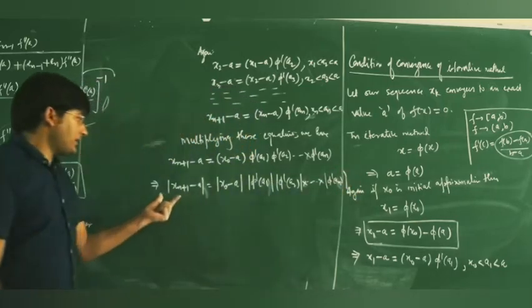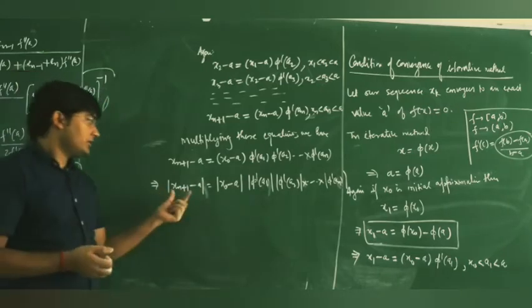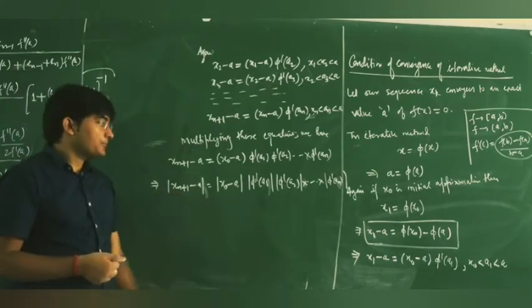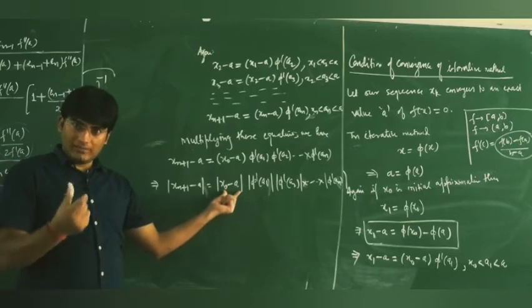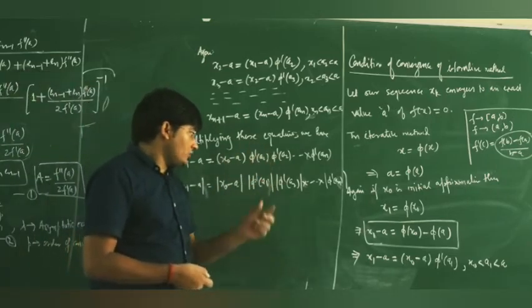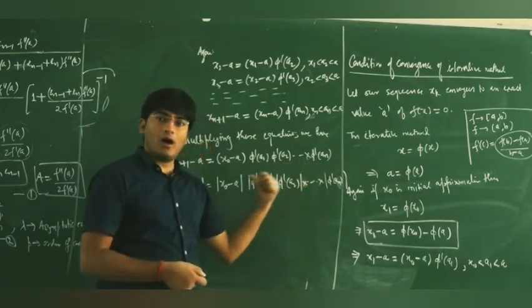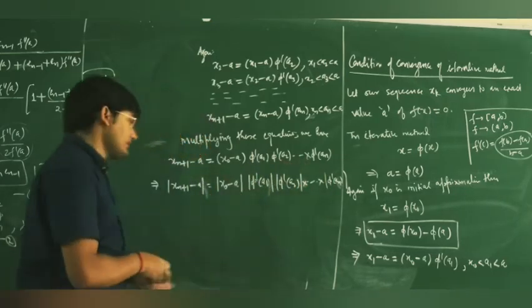Now this x(n+1) minus a is e(n+1), the error at the (n+1)th step, and this is e naught, the error at the first step. Now let us assume that all these phi dash are less than some quantity, say c.